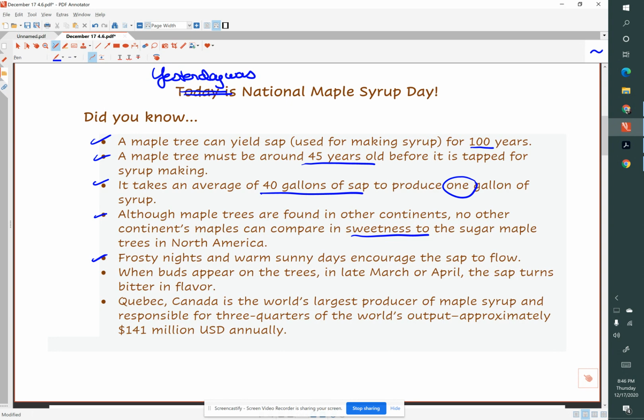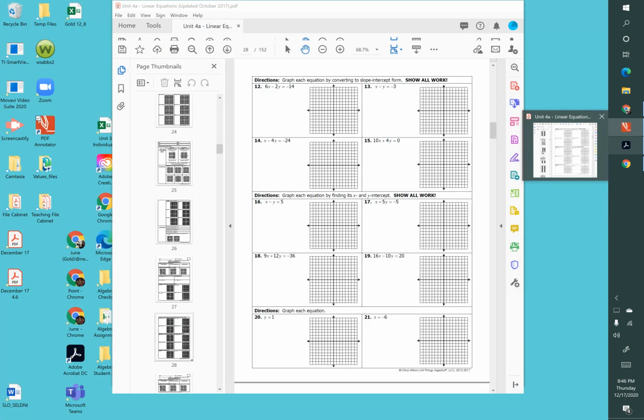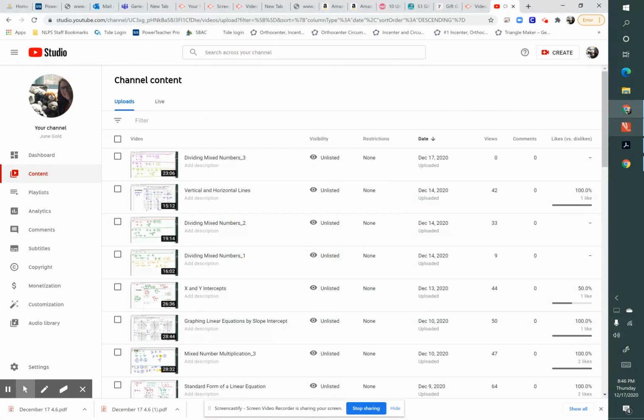You need those cold nights and warm, sunny days to encourage the sap to flow. But when the buds appear on the trees in late March or April, that sap is not going to make sweet syrup because it turns bitter in flavor. But Quebec, Canada is the world's largest producer of maple syrup, responsible for 3/4 of the world's output, approximately $141 million worth of sap annually.